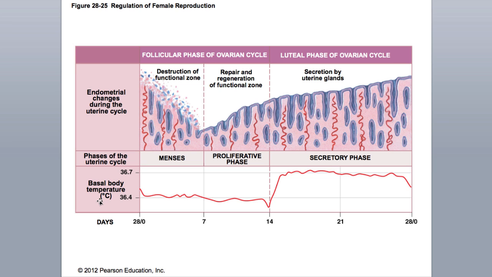And when that body temperature rises, it's going to stay elevated in comparison to prior to ovulation, which is what you see on the screen right now in front of you. So the rise in body temperature and the maintenance of the body temperature for several days will indicate that you're in that new phase after ovulation.